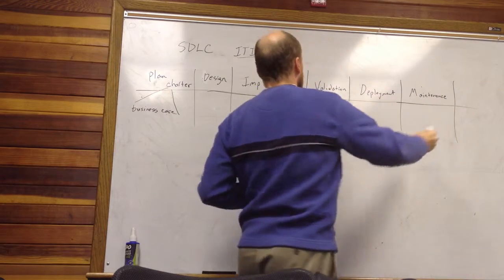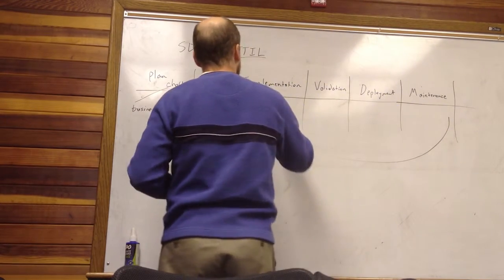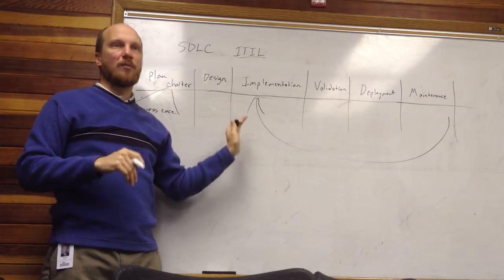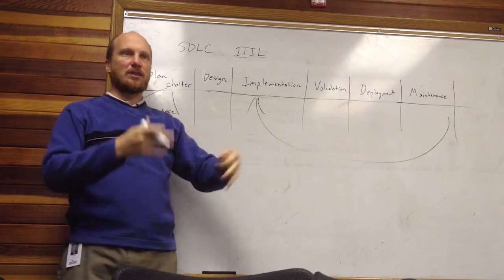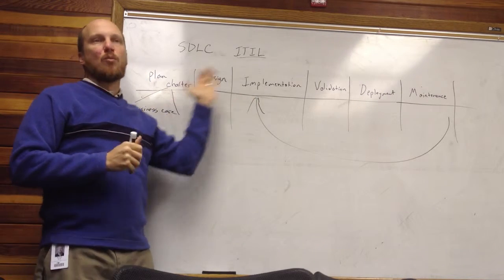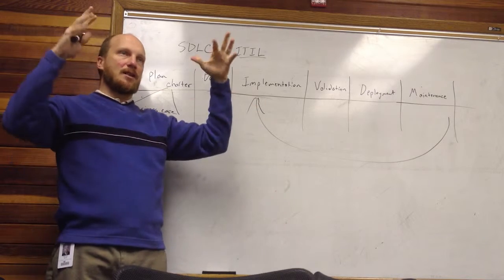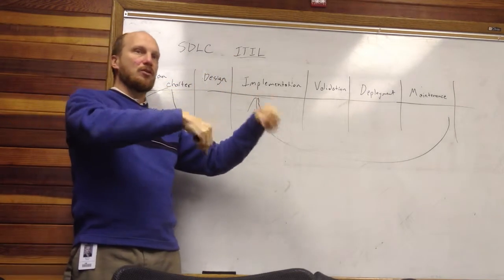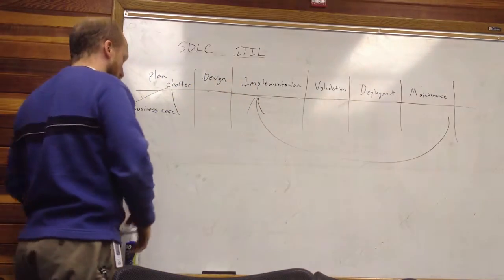And then frankly, we will probably be iterating back into implementation, or design, depending, and we're doing multiple versions of this. That iteration part is taking this kind of waterfall and making it into a rolling wave or a phased approach or iteration kind of concept.